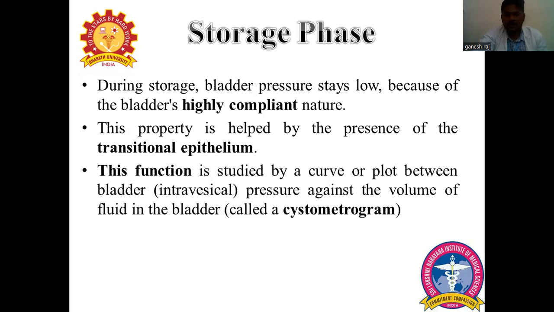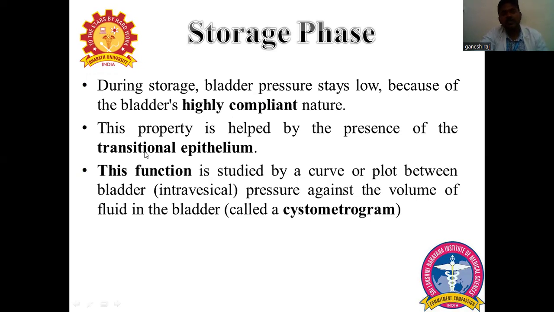The bladder pressure will stay low because of the highly compliant nature of the bladder. This highly compliant nature can be attributed to the transitional epithelium also. The transitional epithelium is lining the bladder wall, and because of this epithelium, the bladder will remain highly compliant.